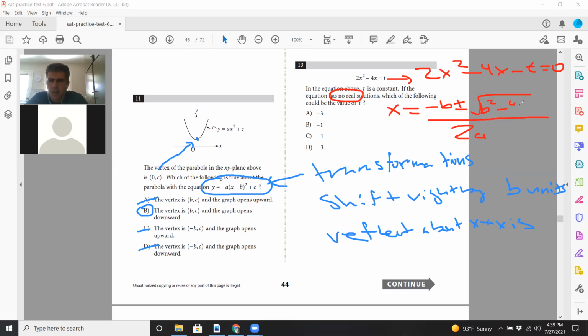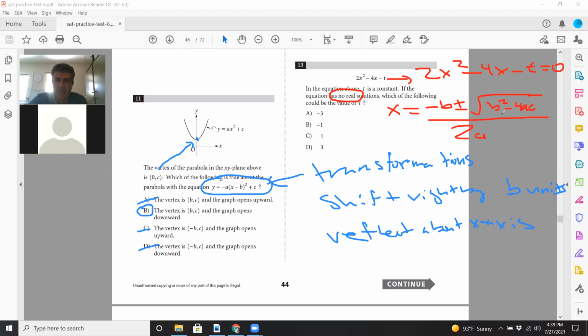Let me make it a little more neat. Some of you should have memorized this. They don't give it to you on the SAT, but it's something we've done often in middle school and high school. b squared minus 4ac is the part underneath the radical.